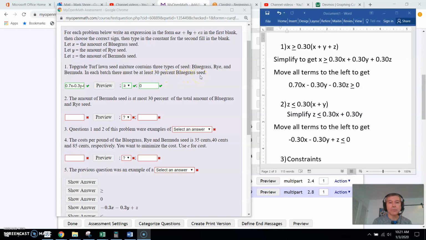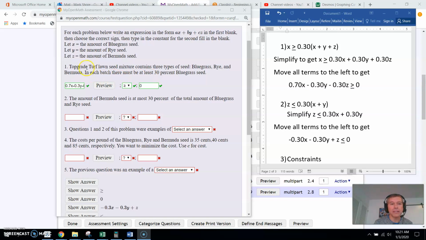Okay, so the amount of bluegrass seed is x, and that amount, x, must be at least, and at least means that much or more, or in other words, greater than or equal to 30% of the entire amount.